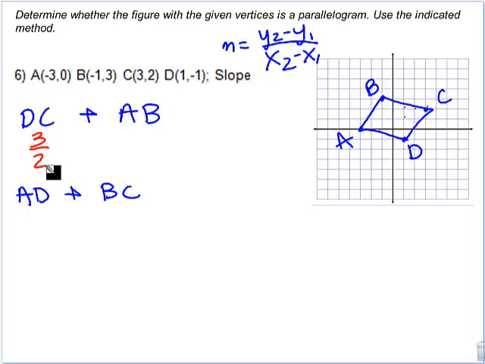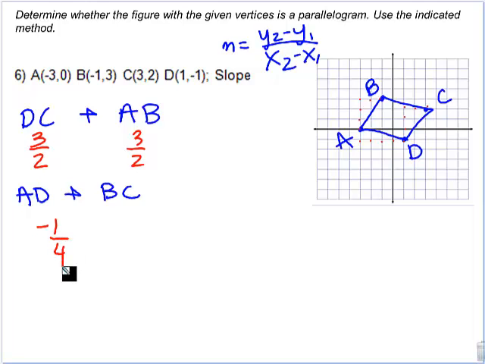What's the slope from A to B? 1, 2, 3, and over 2, so 3 over 2. So far, so good. We got this set of parallel lines. Let's check the other one. A to D. So down 1, and then 1, 2, 3, 4. Negative 1/4.